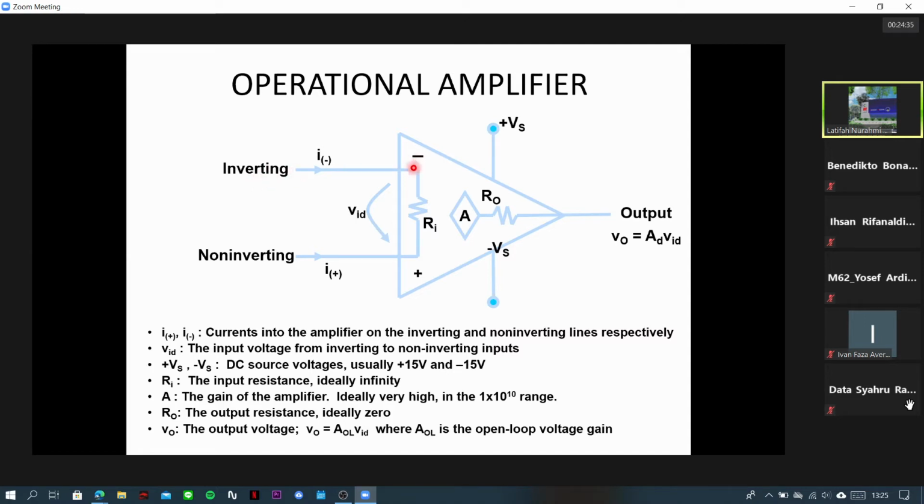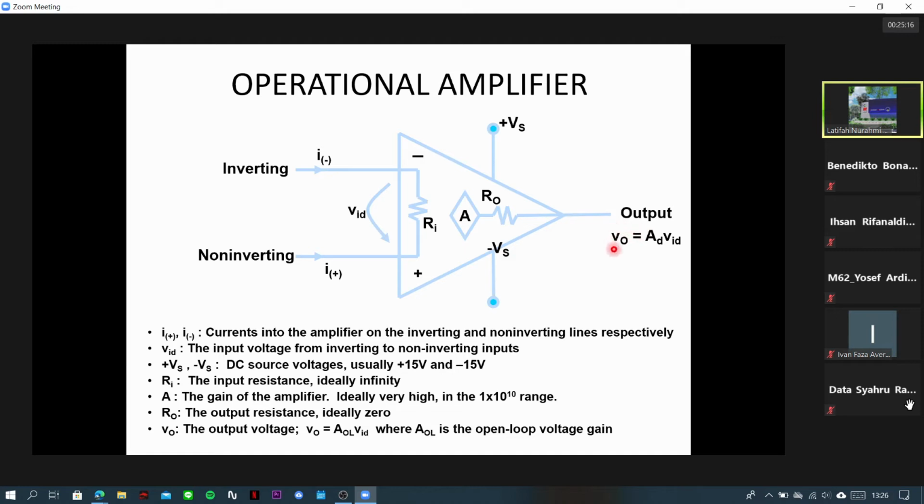It has a negative and a positive input. The negative side is called the inverting input, and the positive node here is called the non-inverting input. Okay, and there should be a source coming, positive and negative. This is how it is symbolized. And the output is coming from the other end of the triangle.